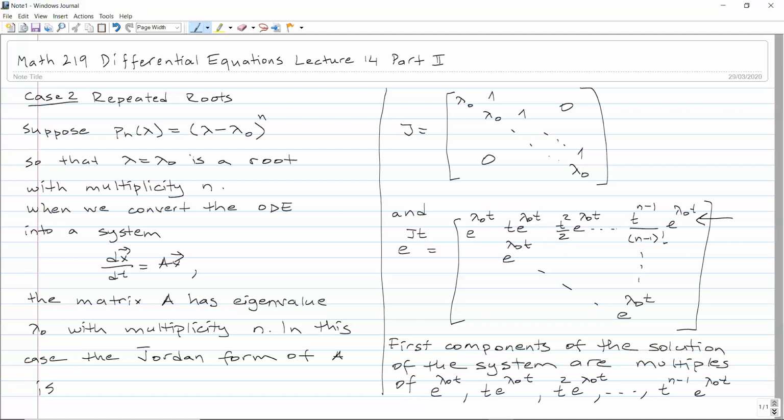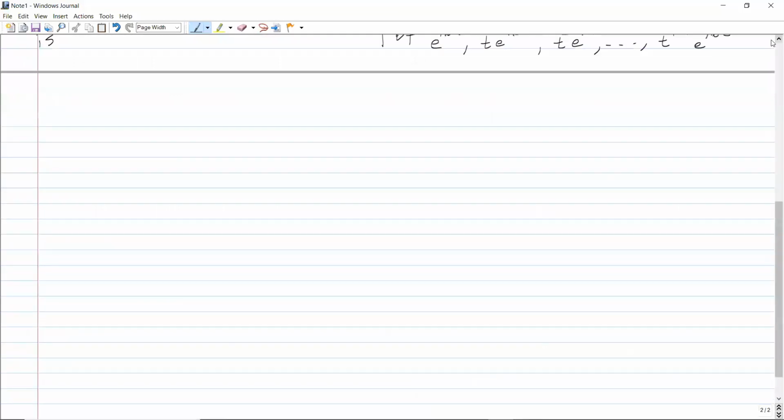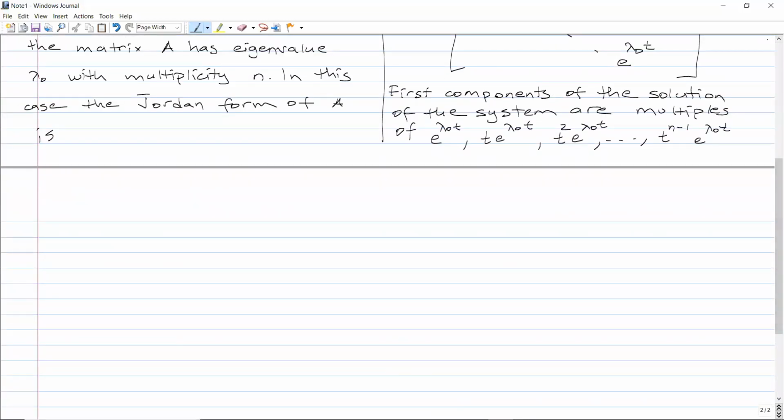The system is n by n. That means the original differential equation has order n. And here are the n independent solutions of the equation.